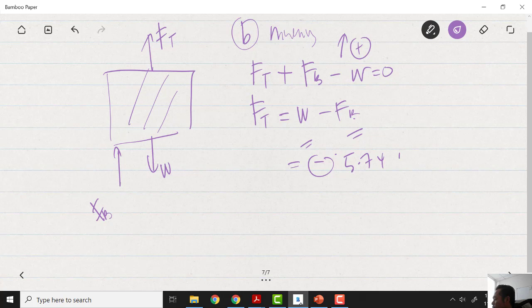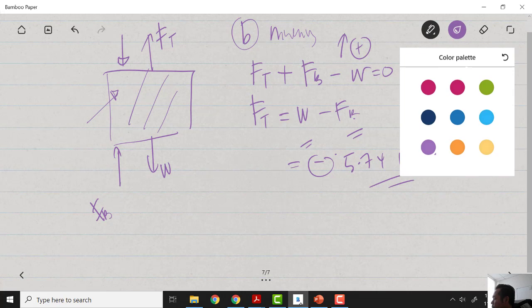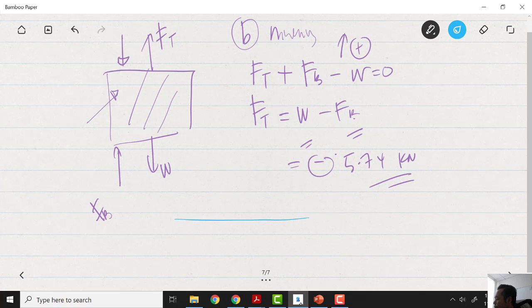Why do you get a negative answer? Because you need to push the cube in order to submerge it in the mercury, because the mercury density is larger than the density of the cube itself. It's the same if you have water and a foam.